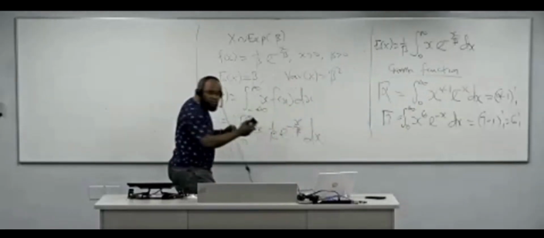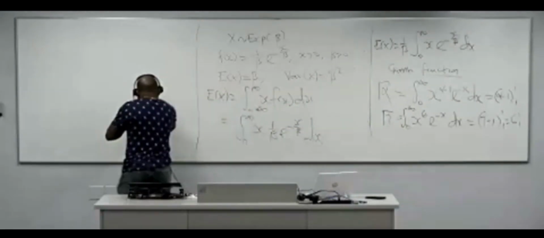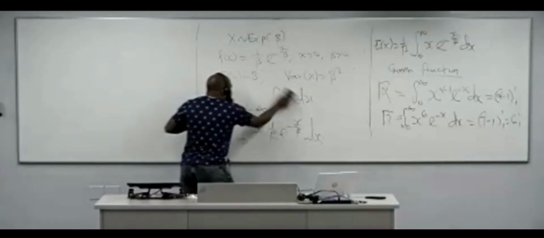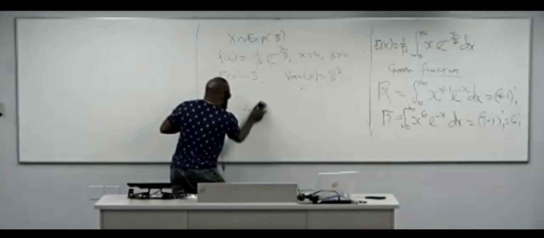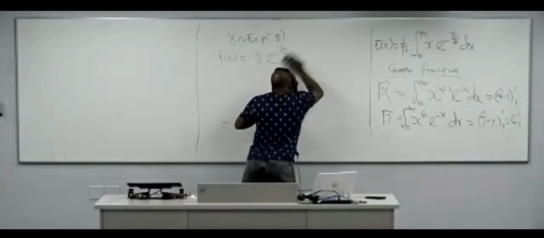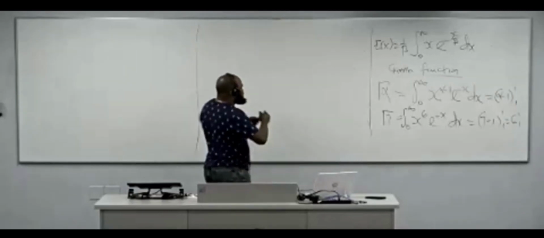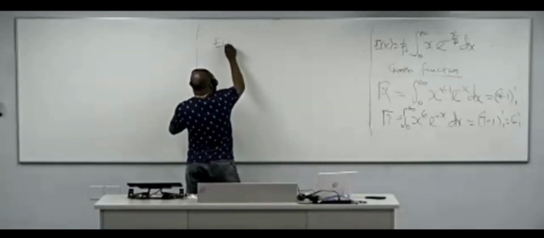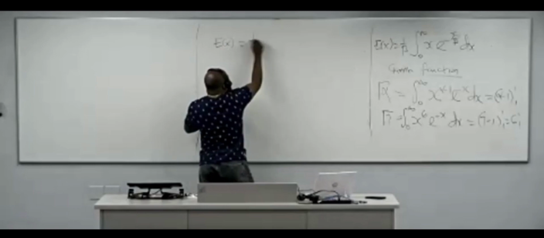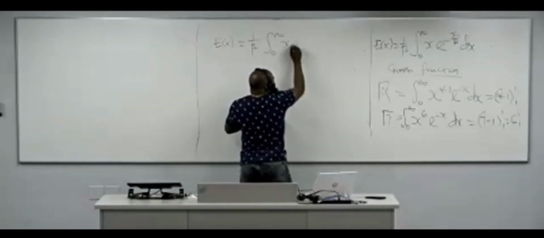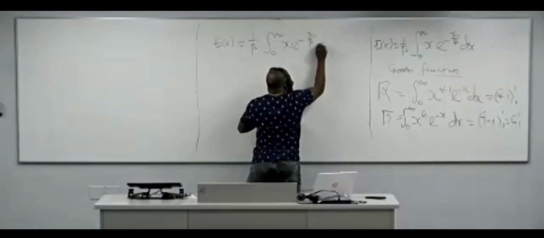So if you take a look at what I have, the expected value of x equals 1 over beta, the integral from 0 to infinity of x times the exponential raised to the power of this, ds.